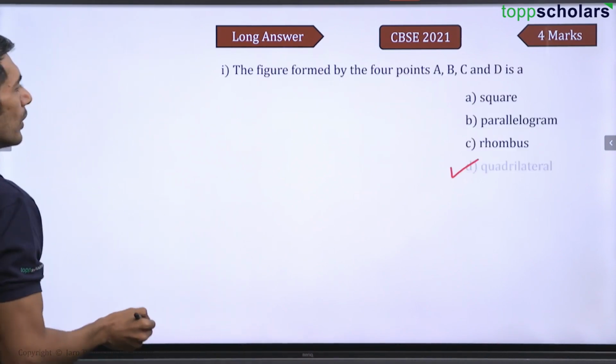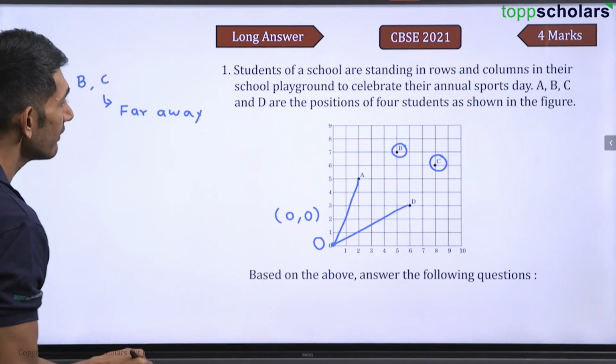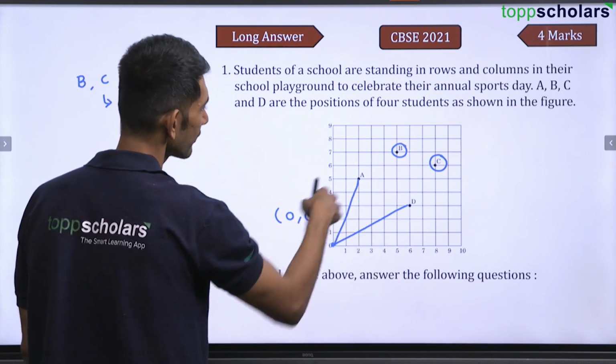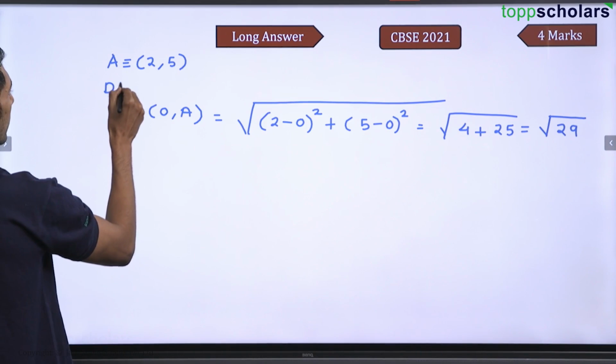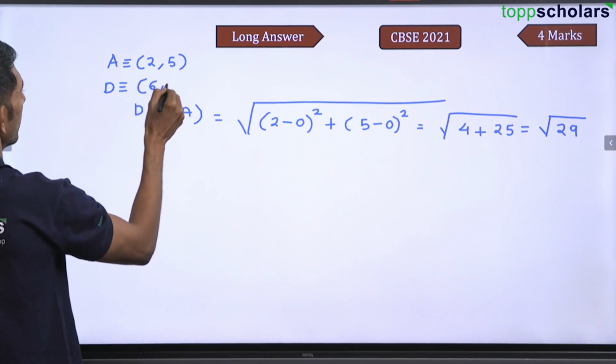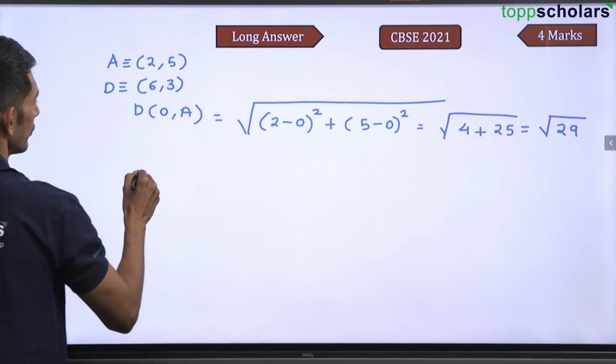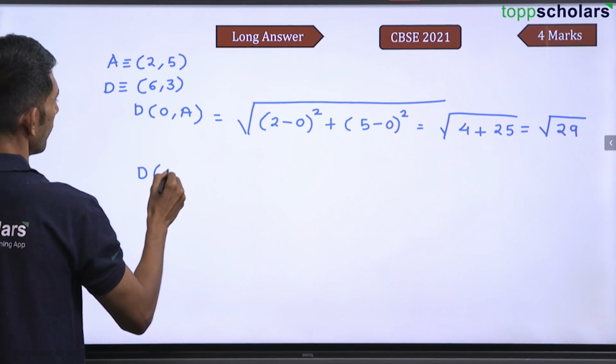And then what do I have? I also have point D, that is 6, 3. So what will be distance of OD?